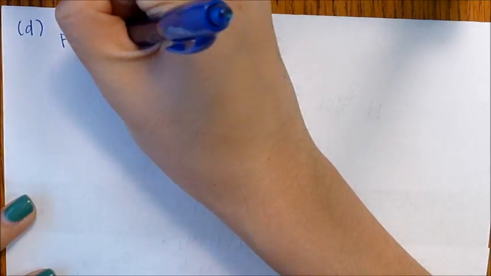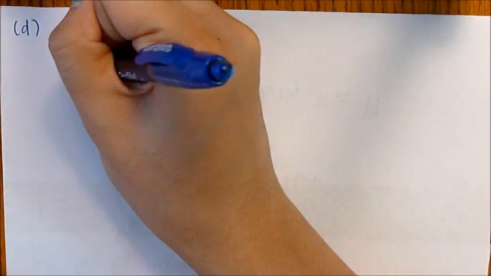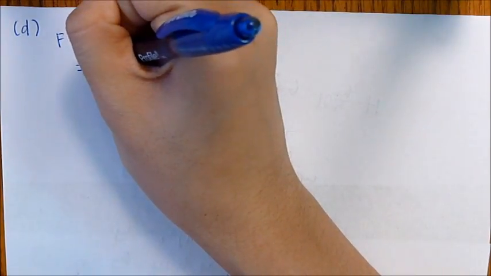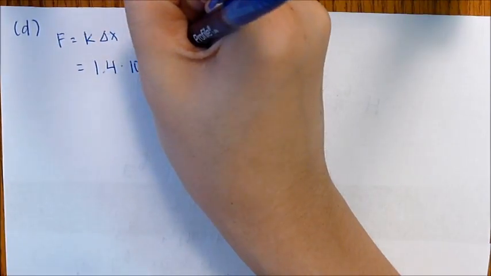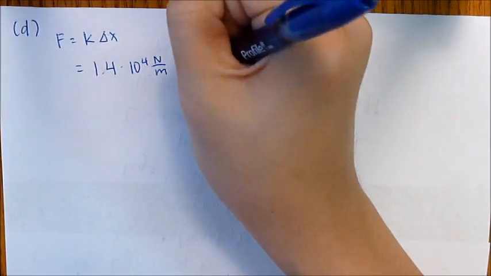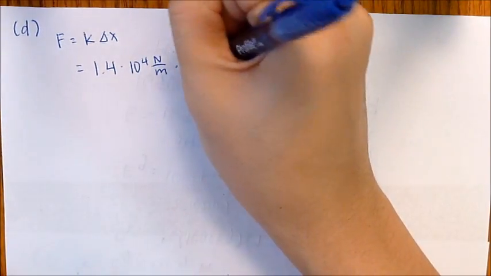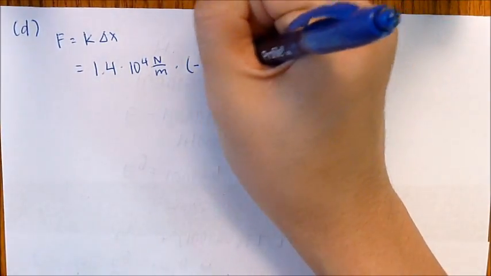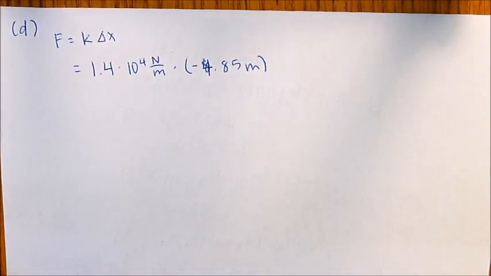Okay, for part D, we're going to use Hooke's law, which is force is equal to spring constant times the change in x, to find out the net force. And the spring constant is 1.4 times 10 to the 4th newtons per meter. And your change in x, which is from before, is negative 4.85 meters.